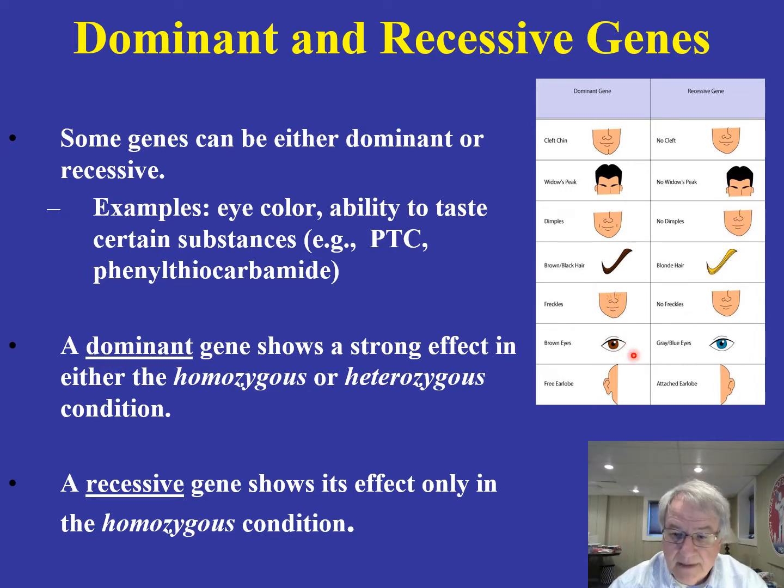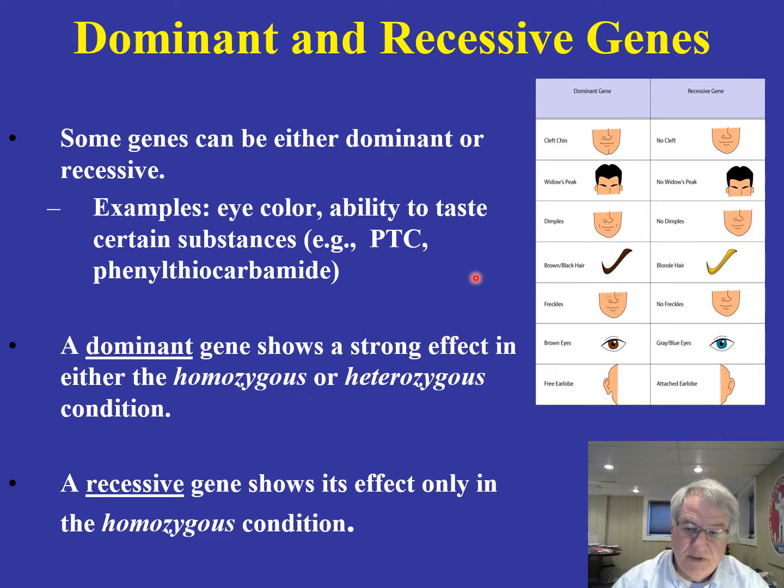Freckles, eye color, whether the earlobe is free, as it is here, or whether it's attached. Again, these are all related to dominant or recessive genes. So some genes can be either dominant or recessive, and the examples of that are what we see here.